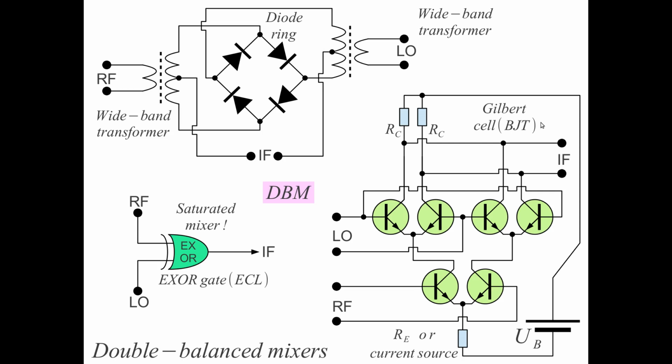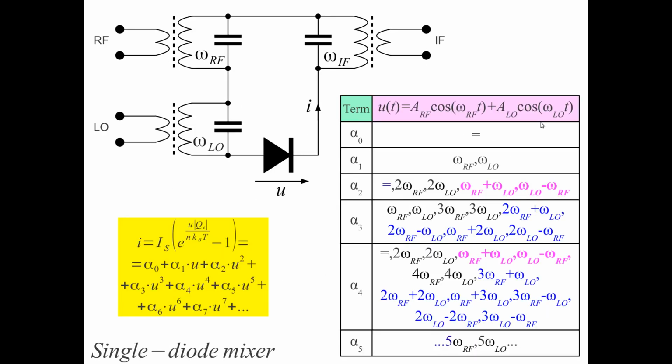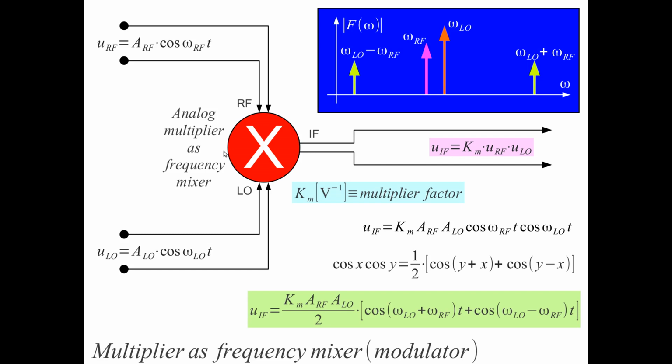So the Gilbert cell is also used for analog multipliers, when they are used as multipliers, not as mixers. An analog multiplier may also be a modulator. A mixer is usually called that inside the receiver. A modulator is the same circuit used in the transmitter.